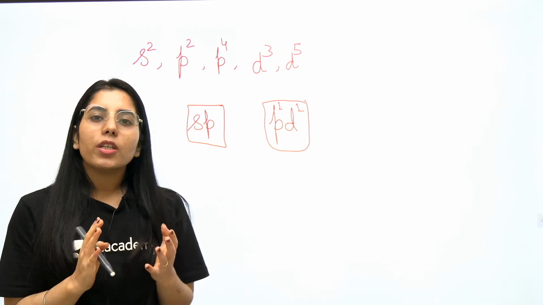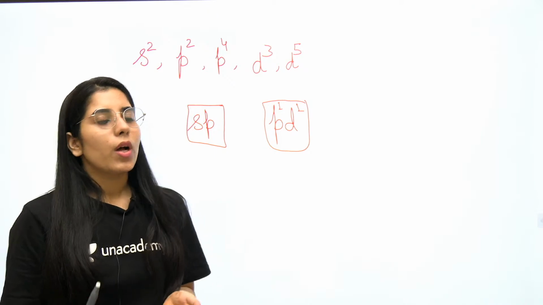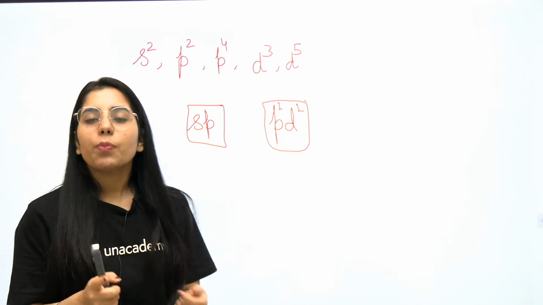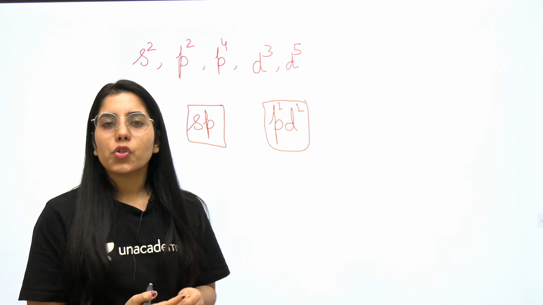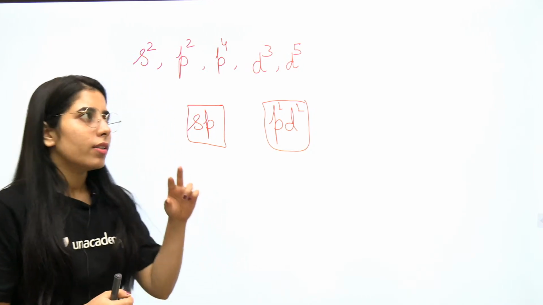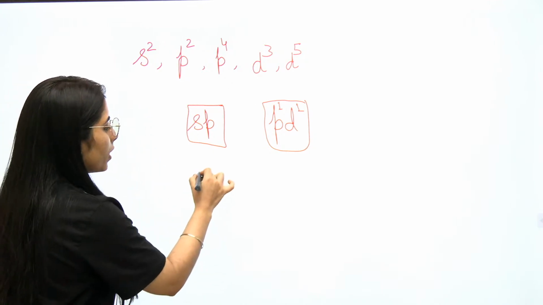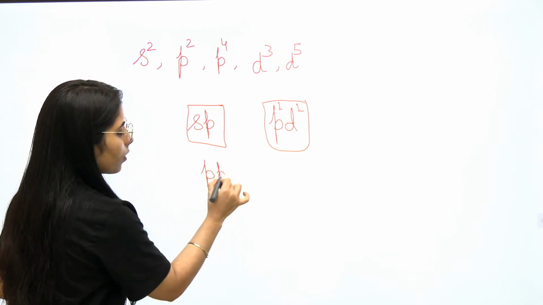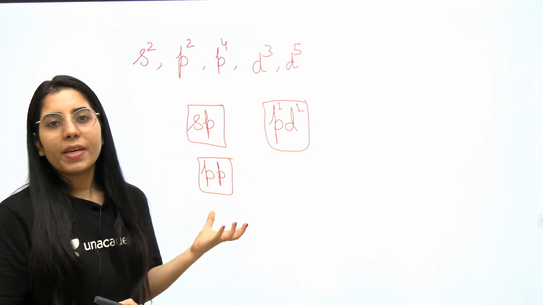It's not necessary that the l values will always be different. They can even tell you, like in the previous years in the CSIR NET physics exam, we had a question in which they mentioned that there are two non-equivalent p electrons. That means you will write these are the two non-equivalent p electrons.